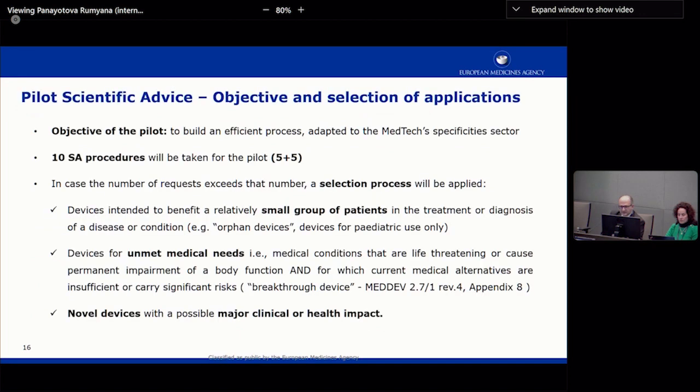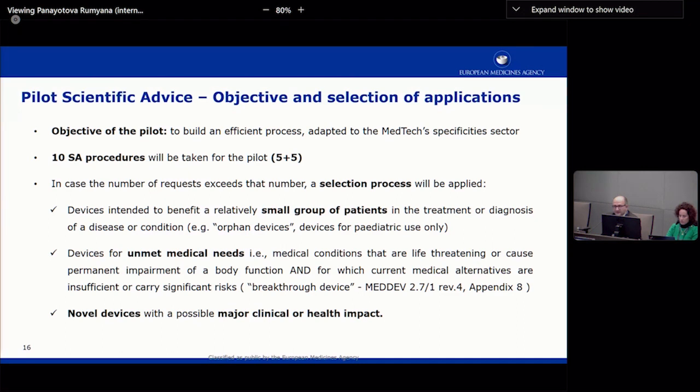And this takes us to what is currently going on. We have an ongoing pilot for scientific advice, specifically focused on this type of product. The submissions are currently ongoing. They started very recently, and we will use this pilot to, in a way, build what will be the final process for scientific advice in the future.